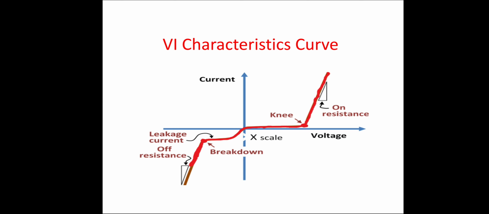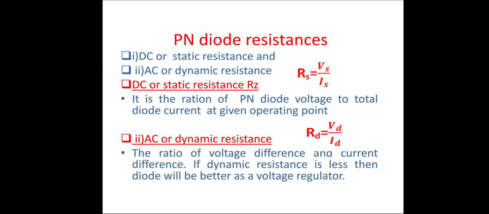If you still increase the voltage, the diode gets into the breakdown region. Breakdown region means the device gets spoiled. This occurs in the reverse bias condition.